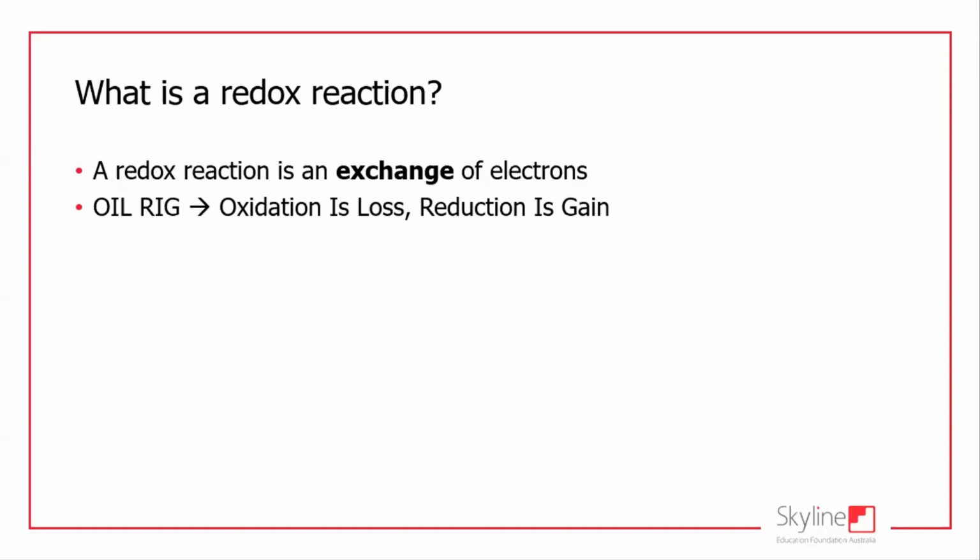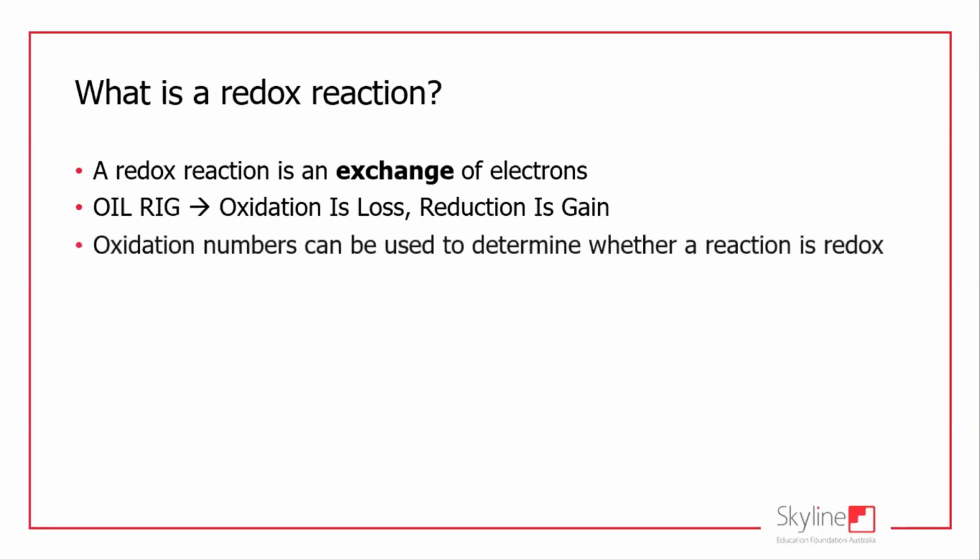So a redox reaction can be separated into two separate equations, an oxidation and a reduction reaction. Oxidation is where we lose electrons, so we end up with electrons as a product, and reduction is where we gain electrons, so electrons are used as a reactant.